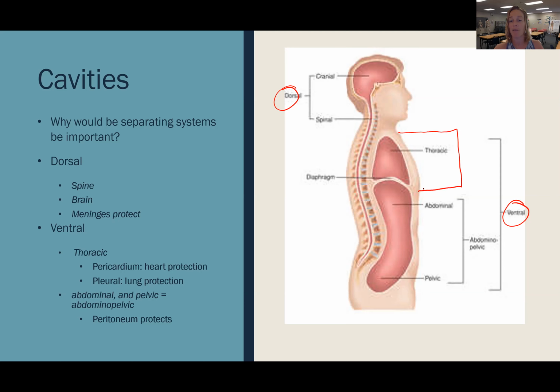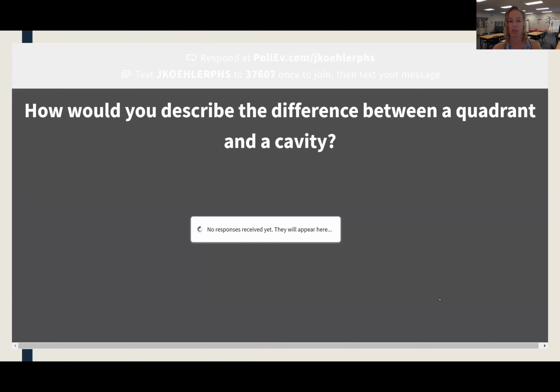And then we have the abdominopelvic, which makes sense because that covers our abdomen and pelvic area, okay? So we're going to talk a little bit more about how these areas help to protect our body and how they all function together tomorrow. But we will get started after review on the video, okay?